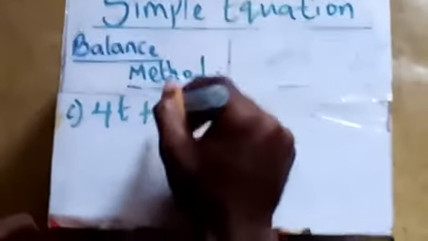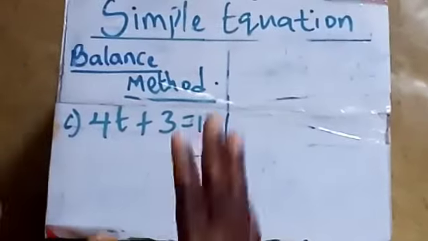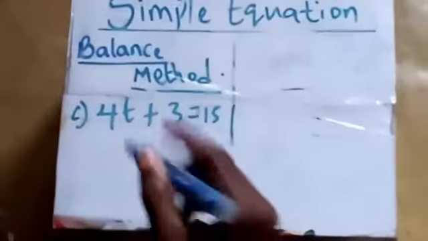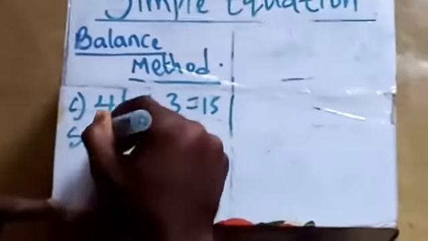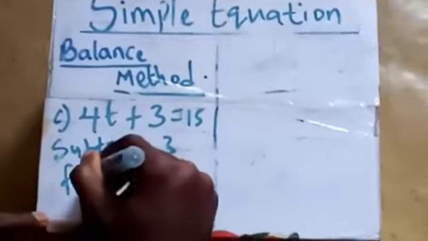For instance, if you have 4t plus 3 equals 15, you want to solve this, that is, you want to find the value of t. The first thing you need to do is to find a way of removing this plus 3. So you say subtract 3 from both sides.